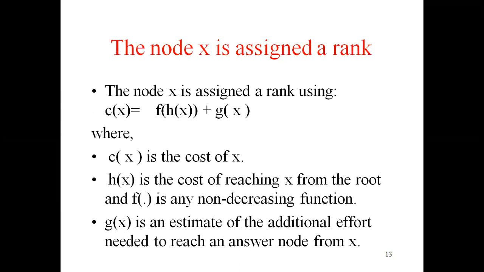We can justify such an f function on the grounds that the effort already expended in reaching the live nodes cannot be reduced. And all we are concerned with now is minimizing the additional effort we spend to find an answer node.